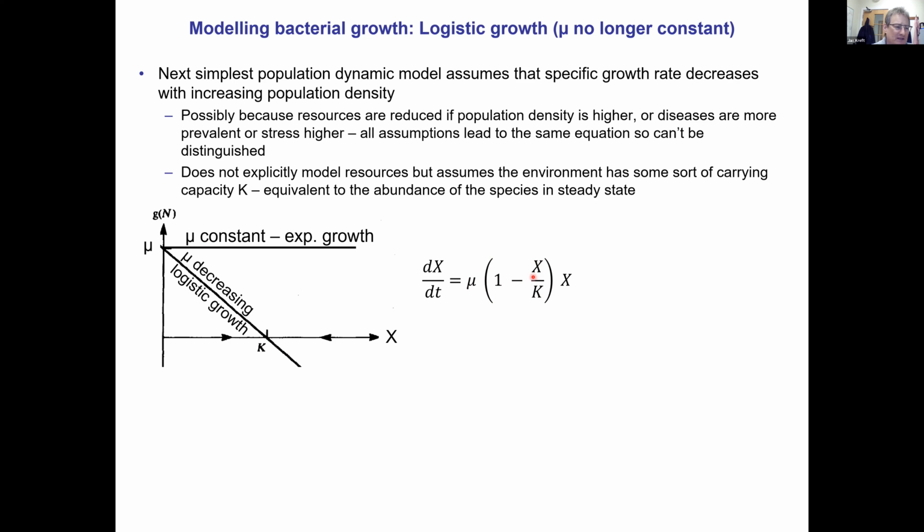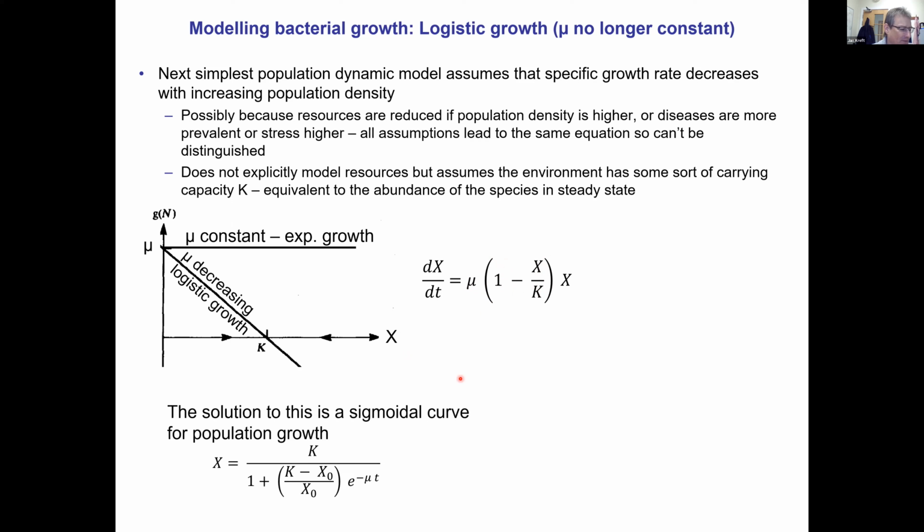If population density is equal to K, x equal to K, this factor here will be 1. So this will be 0, these brackets will be 0, and our population growth stops. If x is larger than K, this will become negative and the population will decrease again.